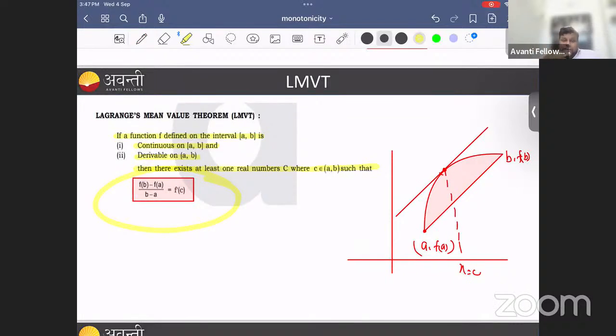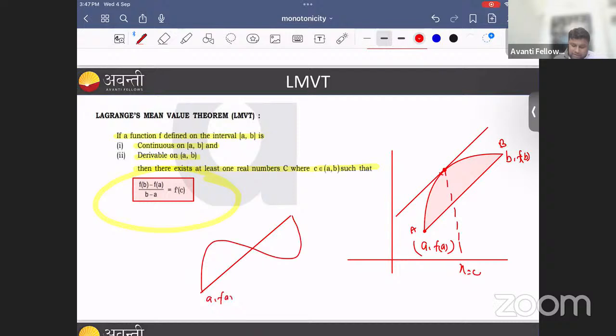Slope of tangent is equal to the slope of the chord joining AB. So if the graph of the function is something like this, this is a comma f of a and this is b comma f of b, there is more than one point where the tangent is going to be parallel to the chord.